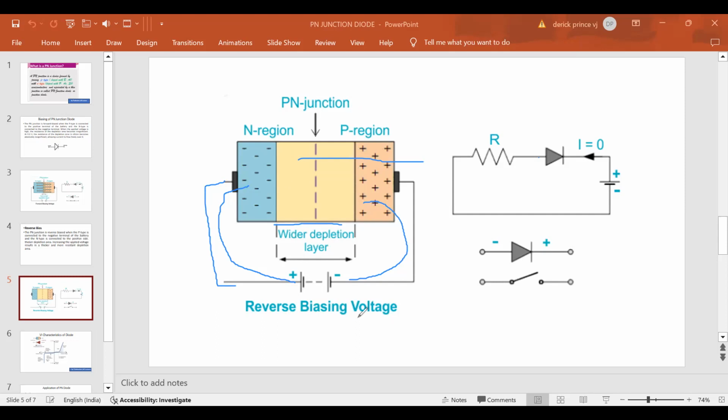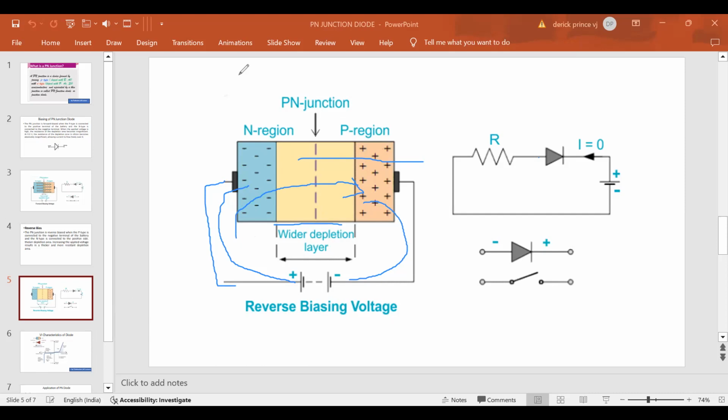As I keep on increasing the voltage in the reverse bias condition, the diode cannot conduct. The depletion region will keep on increasing. There will not be a flow of current inside this circuit. So this is the working principle of how the biasing is done for reverse bias.